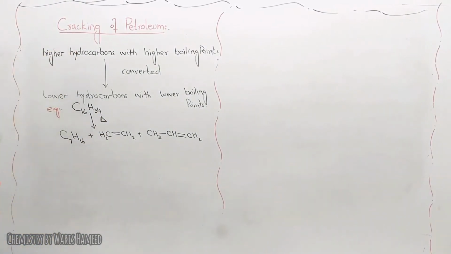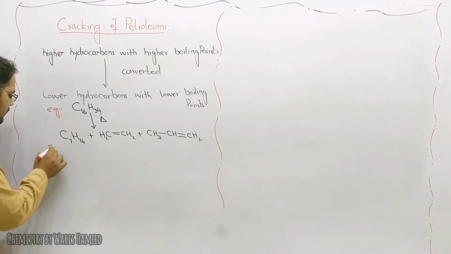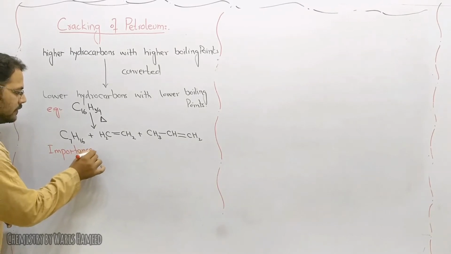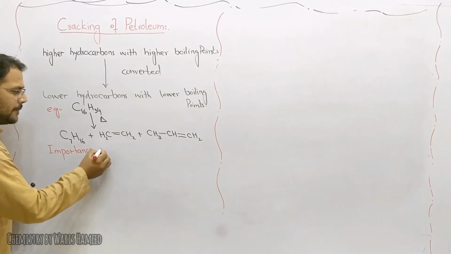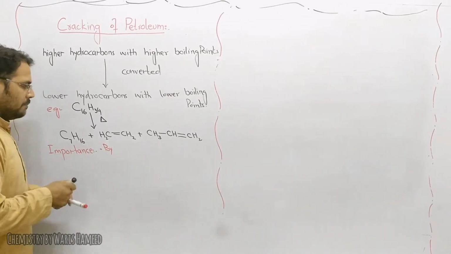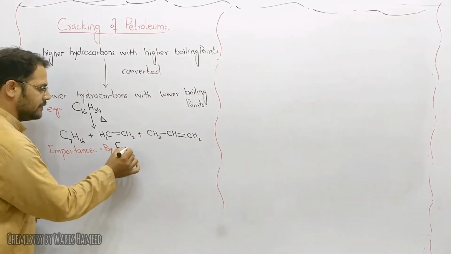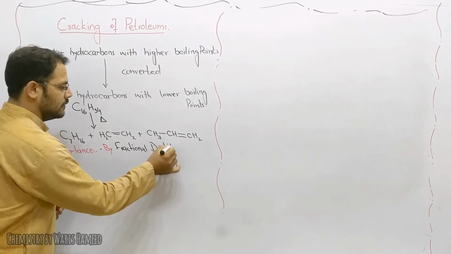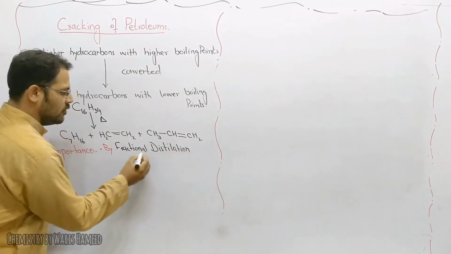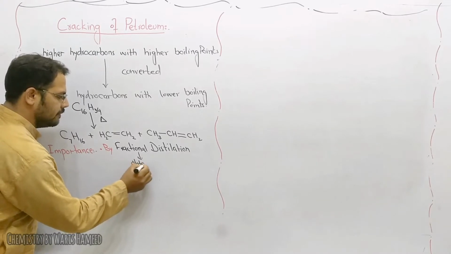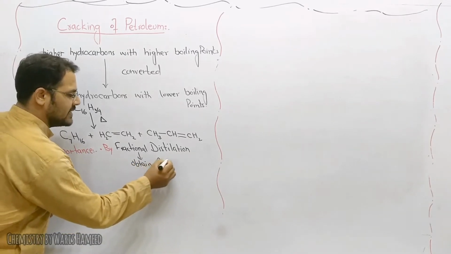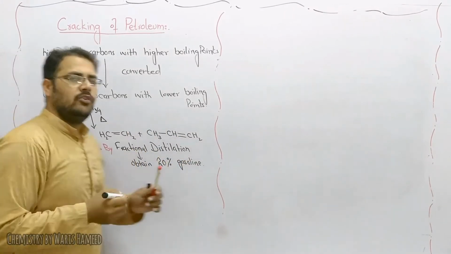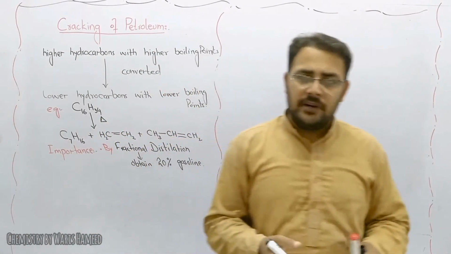So what is the importance of cracking? By fractional distillation, we just obtain 20% gasoline, and we know that gasoline is a highly demanded hydrocarbon.